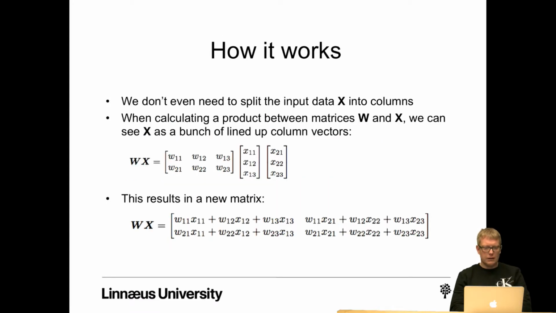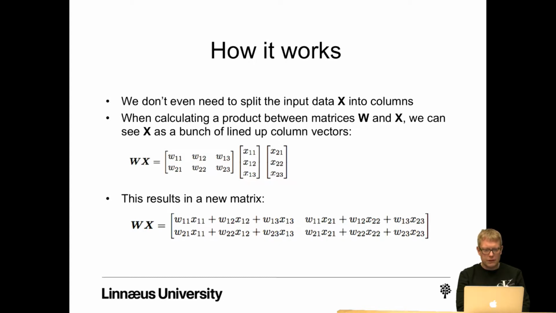We don't even need to split the input data matrix X into columns. When calculating a product between matrices W and X, we can see X as a bunch of lined up column vectors. So we multiply the weight matrix with the first column in the X matrix, and then we multiply it with the second column in the X matrix, and so on.